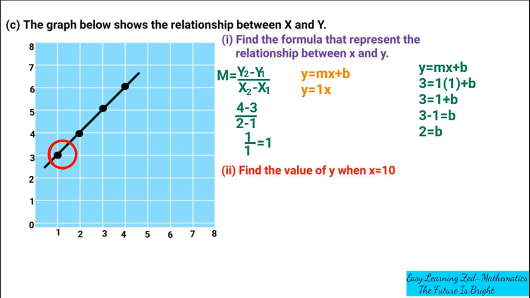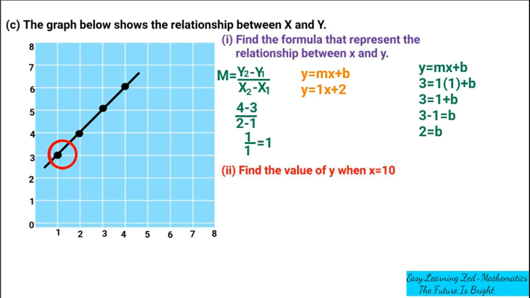So therefore, on that equation, I can say y is equal to, now I've come back to the equation in yellow in the middle, because we left this equation at y is equal to 1x. Now, since we've found the value of b, we can put it there. Remember, we're adding, so plus 2.